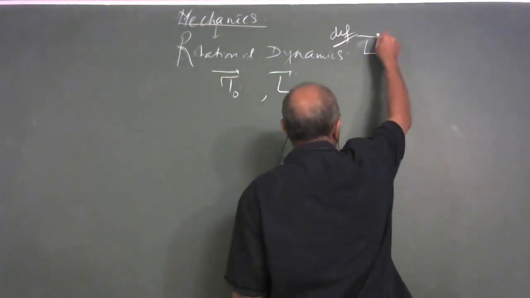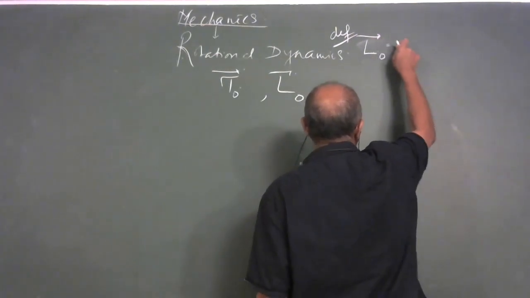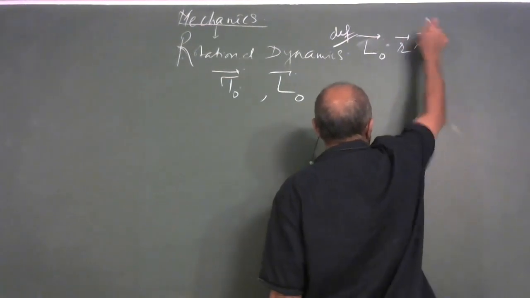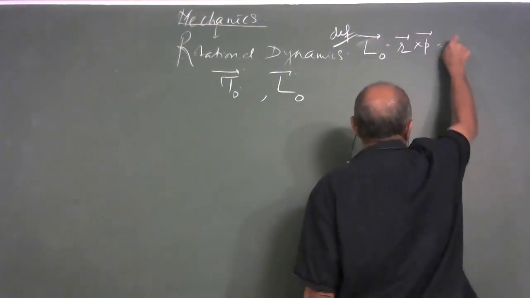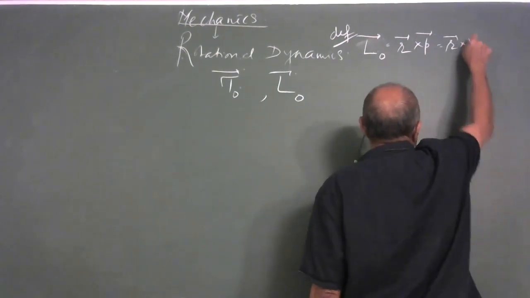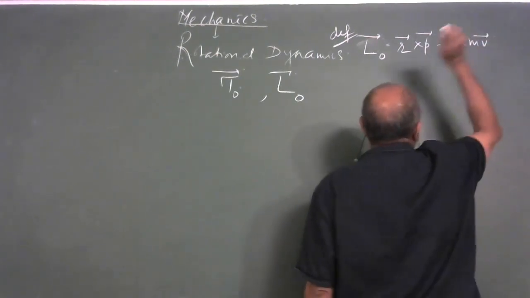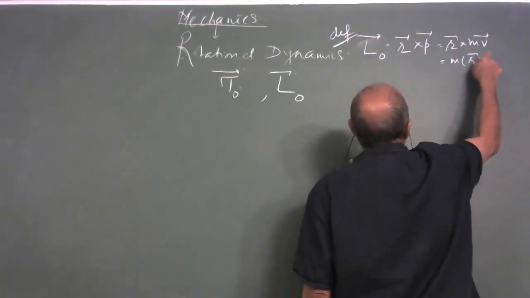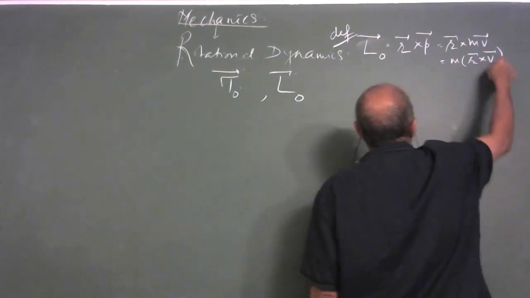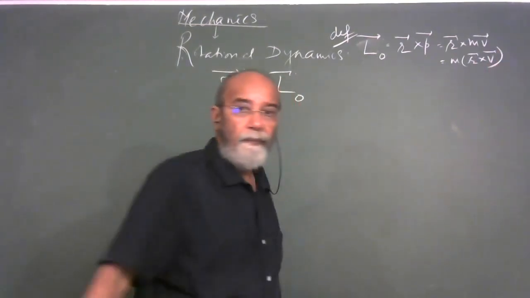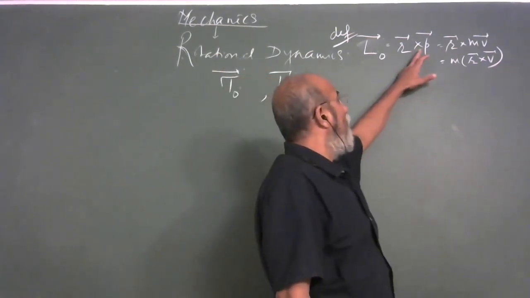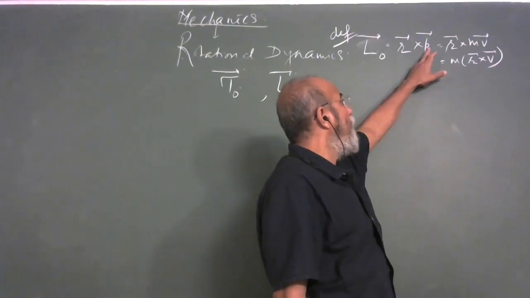So the definition of angular momentum was given as a cross product. Units: meters, mass in kilograms, velocity in meter per second.